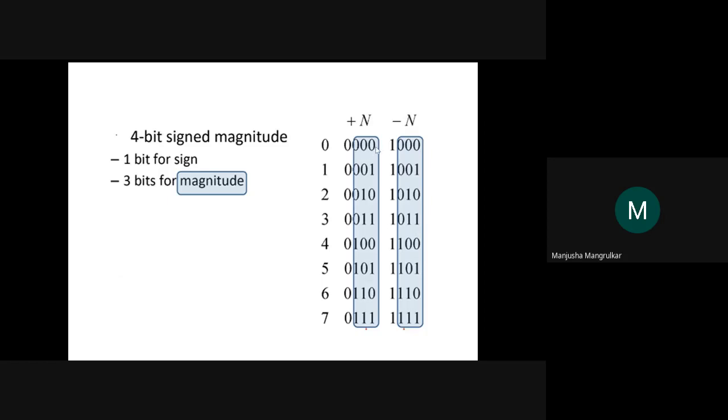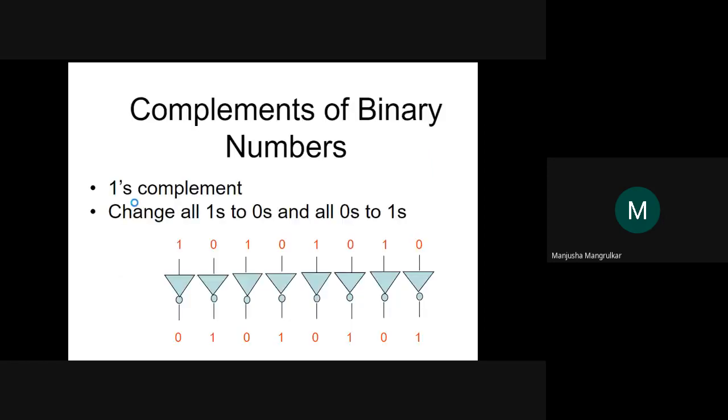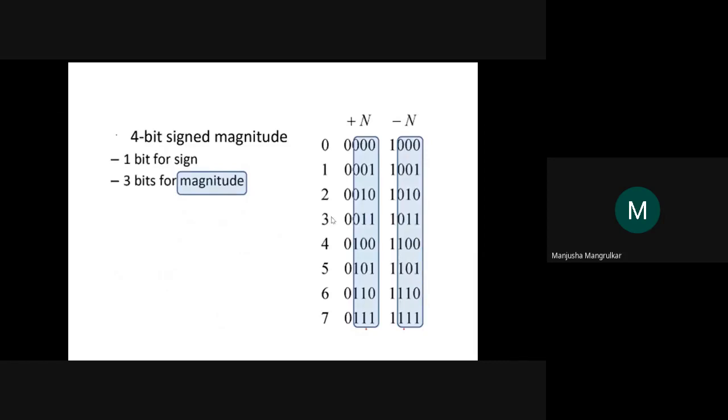These 3 bits: 0 0 0 means this is 0, 0 0 1 means this is 1, 2 to the power 0, 0 1 0 means 2 to the power 1. So now the magnitude of this data is plus 7 to minus 7. This is the magnitude of data. Now the signed data we can represent minus 5.